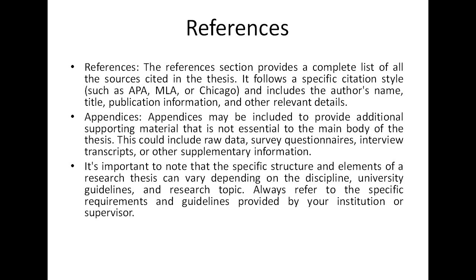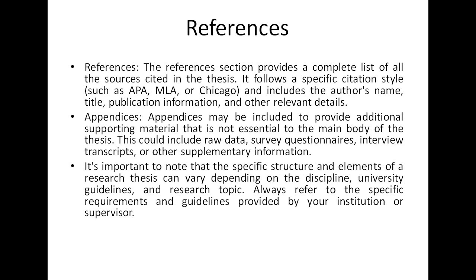Mostly journals or research academic institutions adopt the APA format, some others MLA and some others Chicago. So where you are conducting research, first follow the guidelines of that academic institution, and then accordingly you have to cite the references in your thesis research.